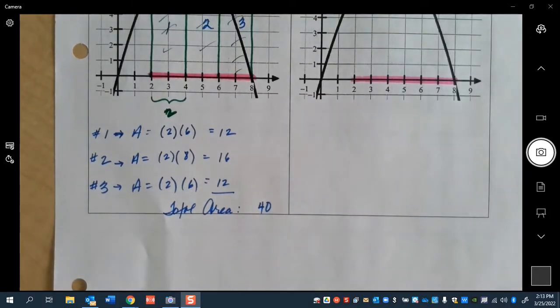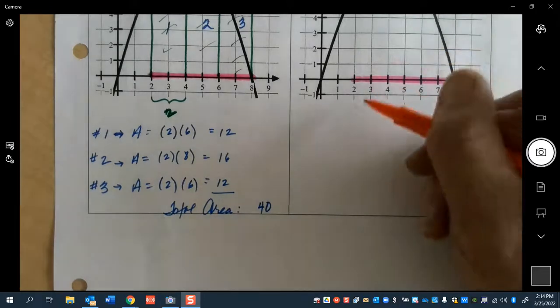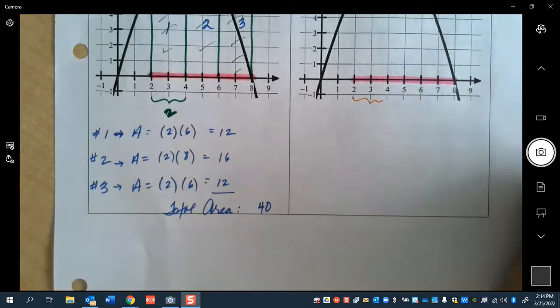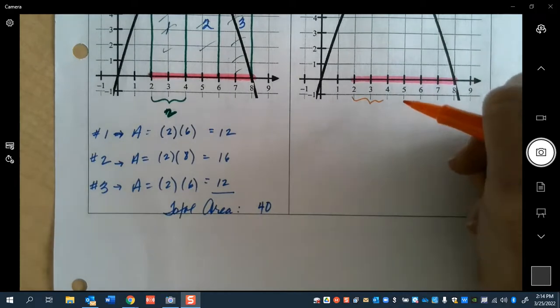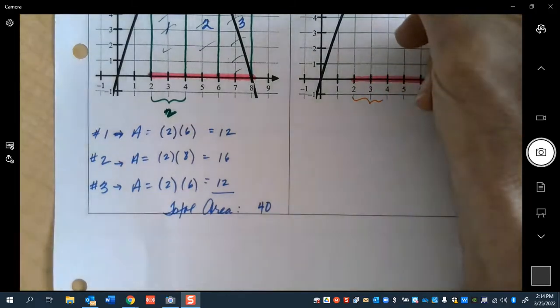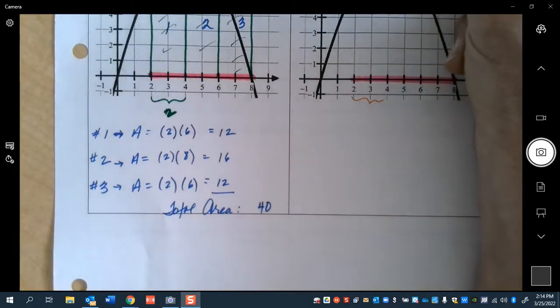If I have a right Riemann sum, what I'm going to do right then is look at each interval, and instead of measuring where it touches on the left, I'm going to pay attention to where it touches on the right.